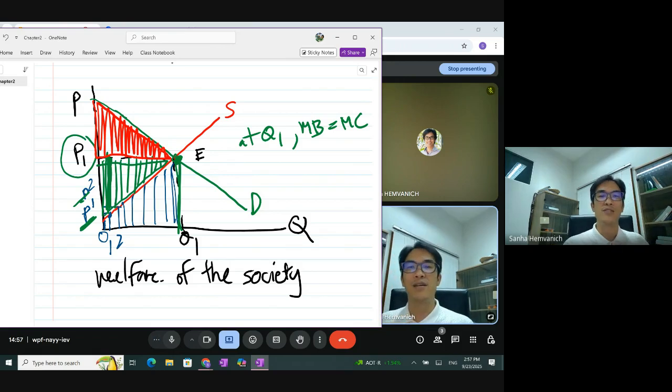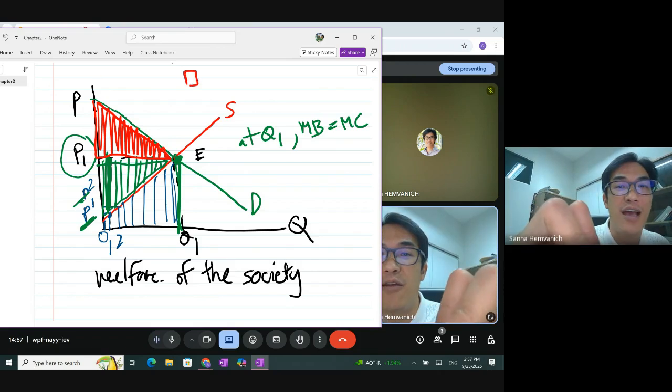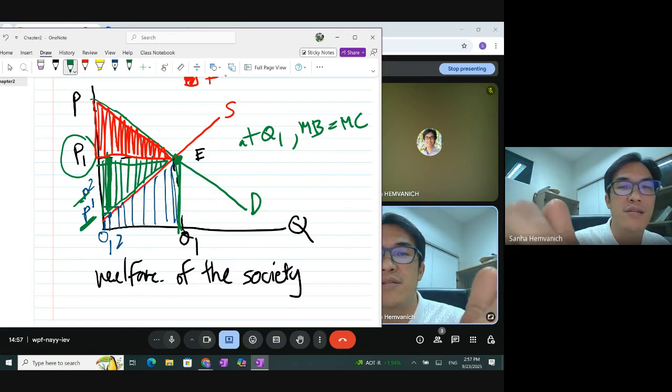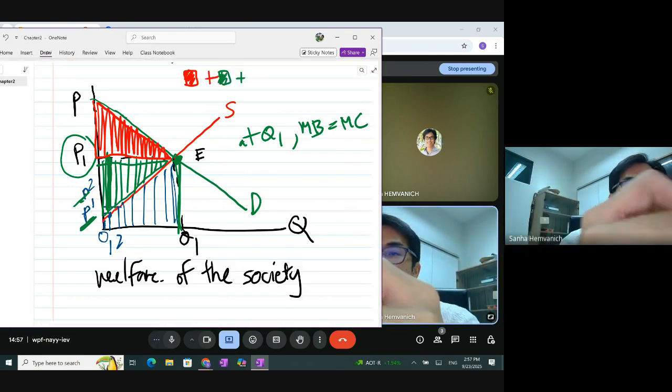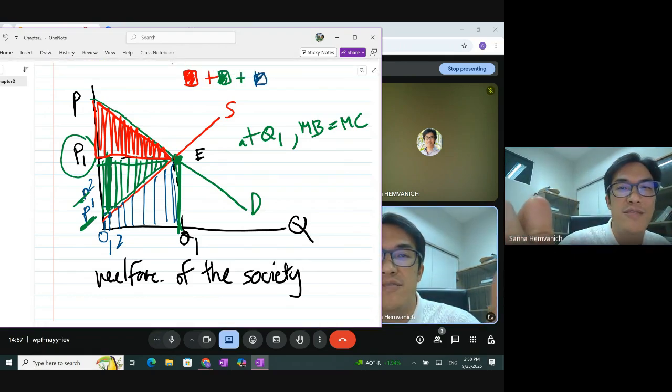So the total benefit is the red area plus the green area plus the blue area. So that is total benefit.